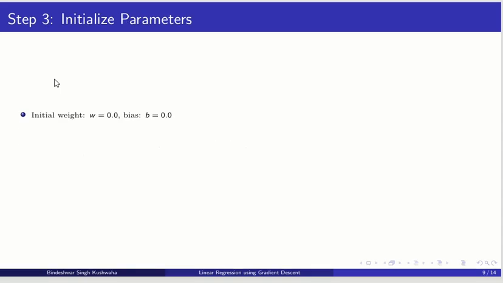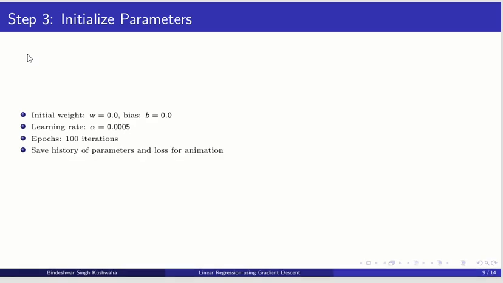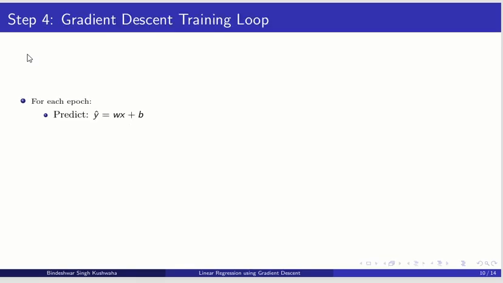So first of all, weights would be initialized. You have to initialize. So you will take W0 and B0. Thereafter, learning rate alpha, that is 0.0005. You can increase or decrease. Epochs 100 iterations. We will save the history of parameters and loss for animation.